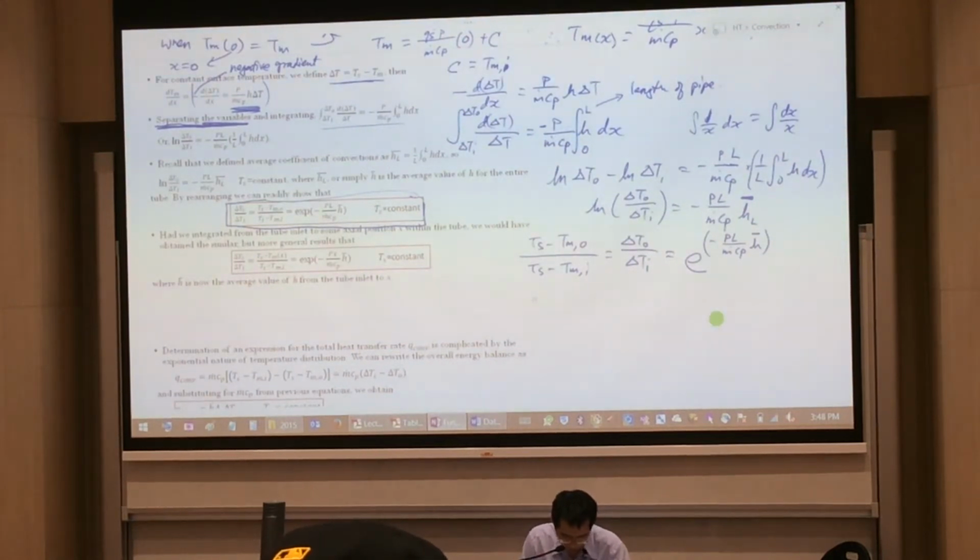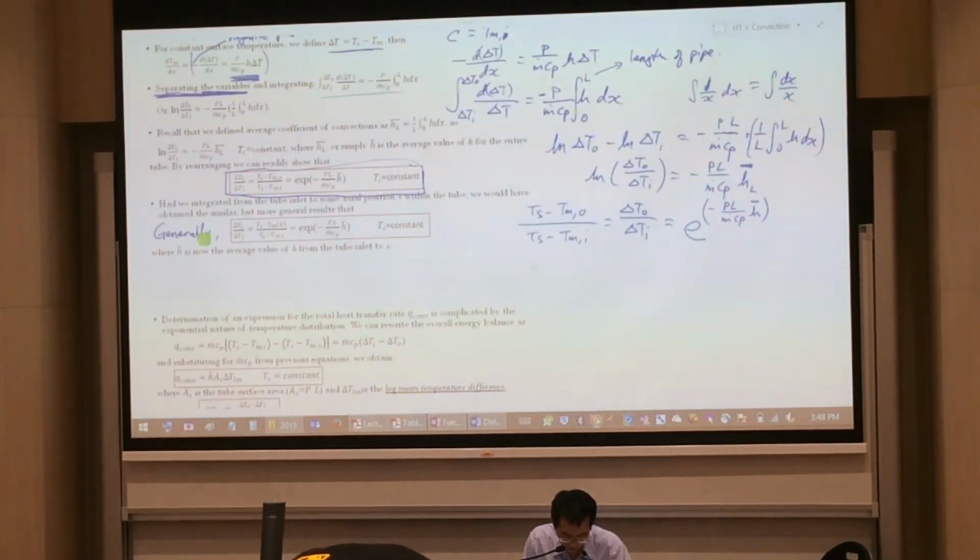So generally, we can then write it in the following form. Now this form is very similar to the form above, except that for your Tm naught, we express it as Tm at any distance x. And this Tmi remains over there. So this expression is what we'll be using in our example questions later.